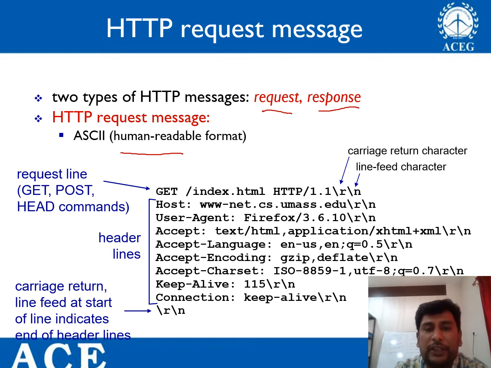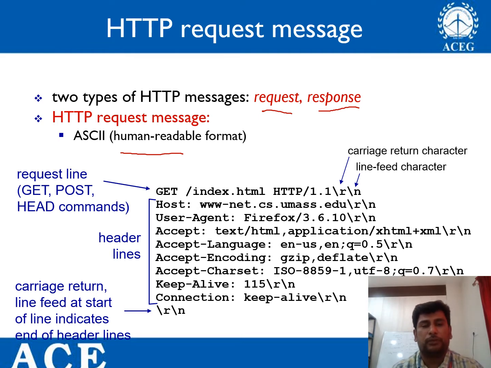The HTTP request message consists of two parts. The first is called the request line. The second part is called the header lines. At the end, you will have a carriage return and line feed, which indicates the end of the header lines. In every line of the request and header, we use the carriage return character and line feed character to indicate the end of a particular line.